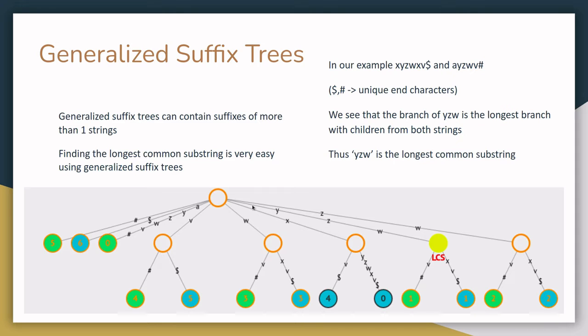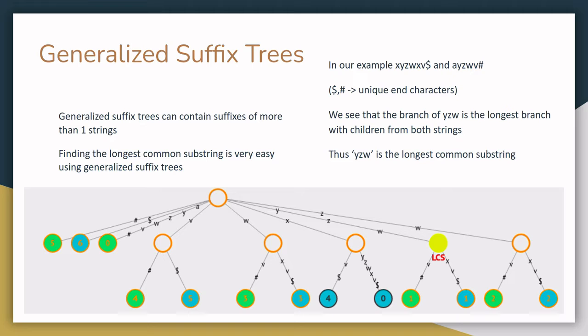So basically y, z and w is the longest common substring because it is included in both the strings. As we can see, it has children from both the strings, and therefore it is the longest common substring.